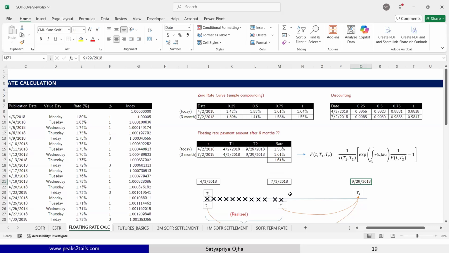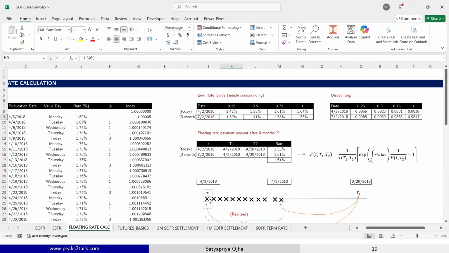That needs to be sandwiched or clubbed with the compounded rate that has been realized over the last 3 months. Make sense? So the new 6-month rate that will determine my floating coupon payment rate on 7/2 uses the 3-month rate for the remaining period, which is 1.39%.